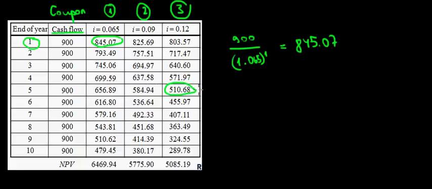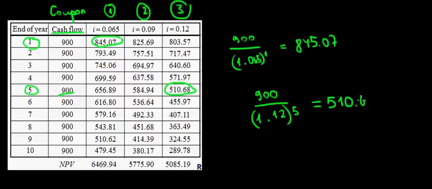What is 510.68? Well, that's the coupon, 900 euros, discounted at a market rate of 0.12, so 1.12, to the power of 5, because it's after 5 years. And that's equal to 510.68.